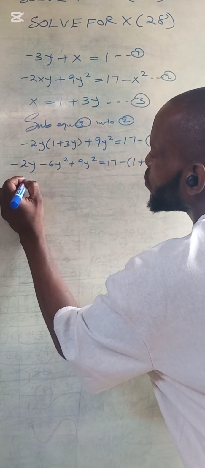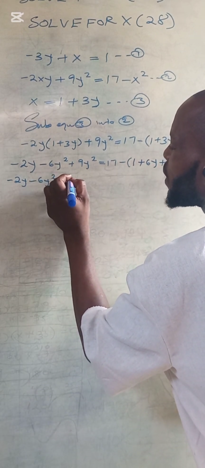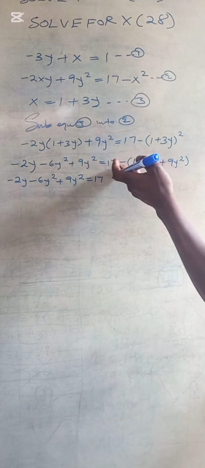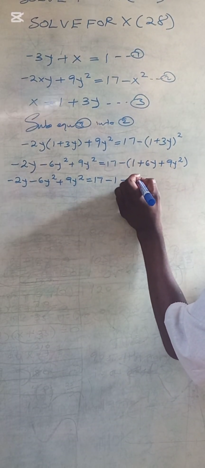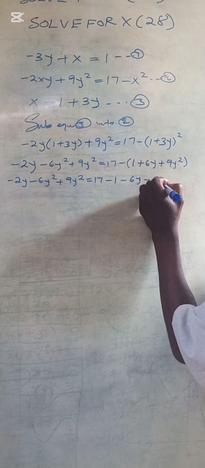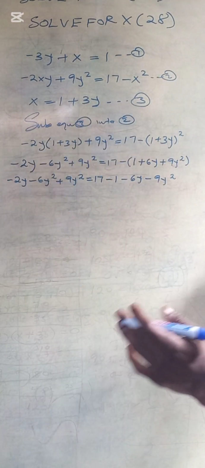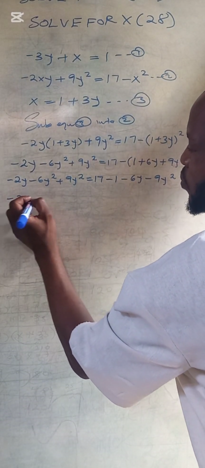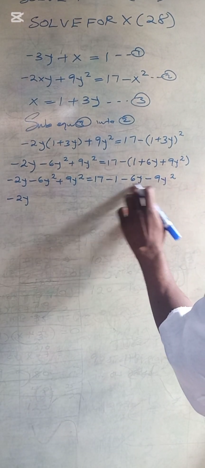Okay, we have minus 2y minus 6y squared plus 9y squared is equal to 17. We want to multiply out by the negative. So we have negative 1, negative 6y, negative 9y squared, right? We want to take everything to one side. So in this case, minus 2y. Let's group the like terms.